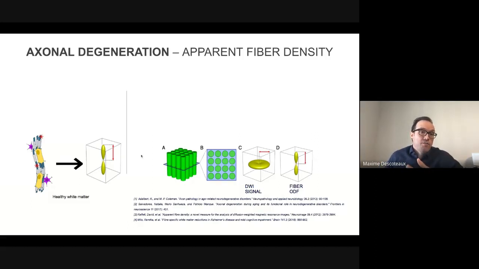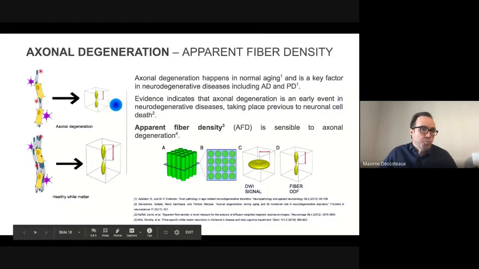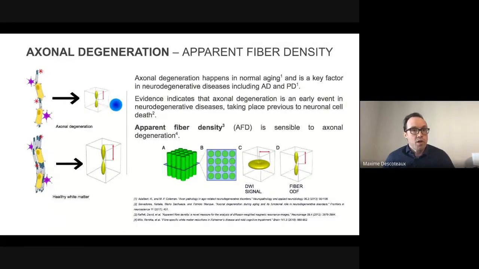And so again, if you have a loss of axons, you're losing axon density, you're losing some of these little green circles, you're increasing some of the blue surface area, and so suddenly this amplitude reduces, and you can quantify this and link this to axonal degeneration. A little bit like fractional anisotropy, but really specific to the tissue part of the compartment of the voxel. So again, for the rest of the talk, this apparent fiber density marker will be used as our indirect measurement of axonal degeneration.